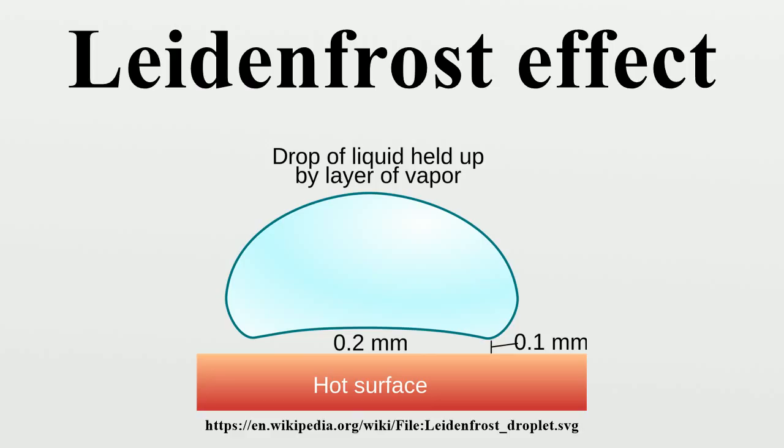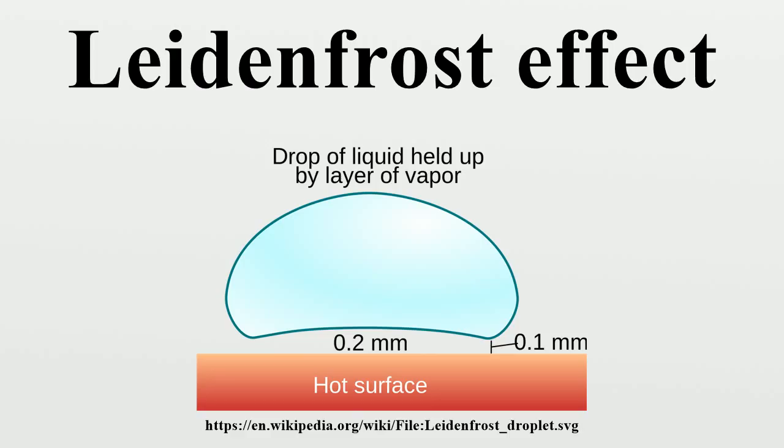Since the Leidenfrost phenomenon is a special case of film boiling, the Leidenfrost temperature is related to the minimum film boiling temperature via a relation which factors in the properties of the solid being used. While the Leidenfrost temperature is not directly related to the surface tension of the fluid, it is indirectly dependent on it through the film boiling temperature.